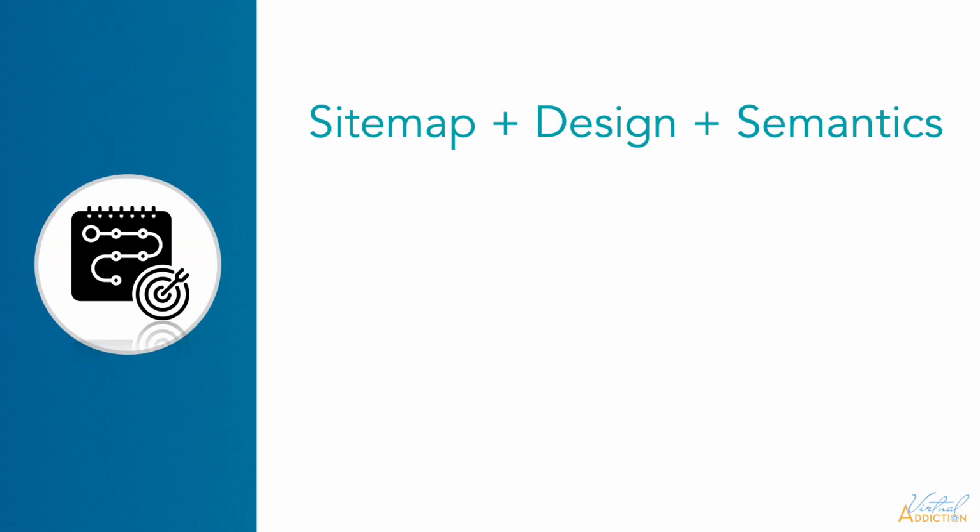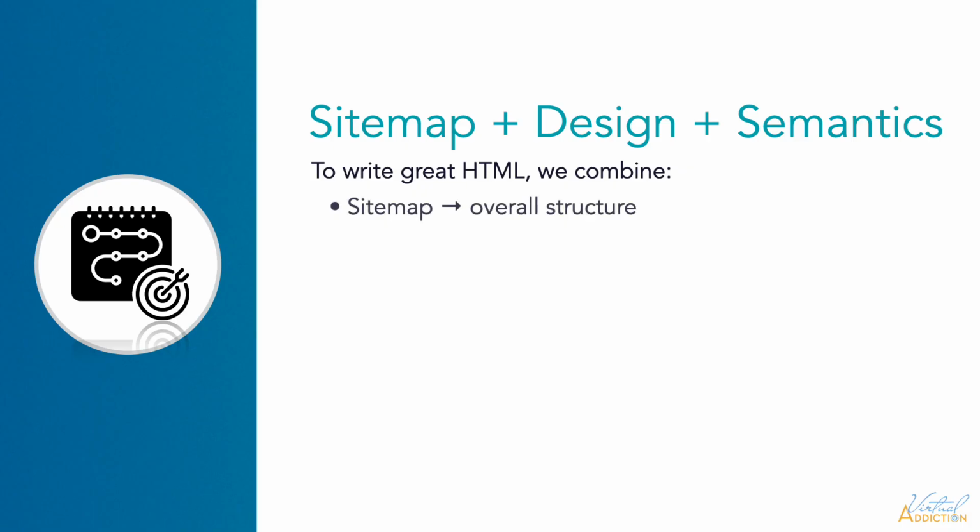As I've mentioned before, the process of building a website goes through several steps. We generally start off with the site map. From there, we'll work on creating the design, and then we'll get into the code and actually making the semantic HTML.